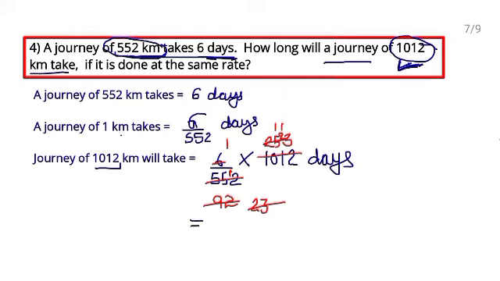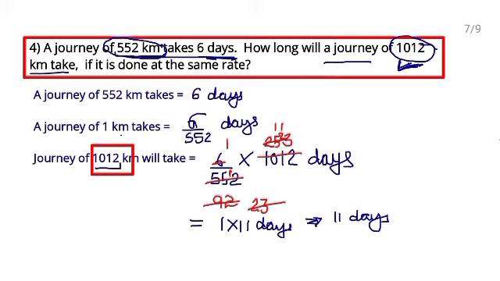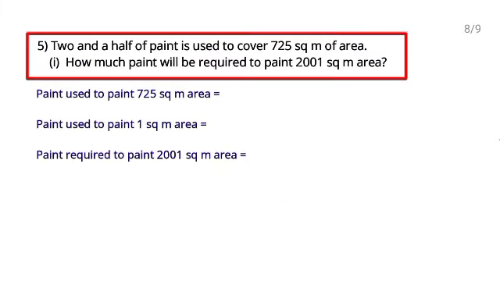So after calculating you are getting 1 multiply 11 days. It means 11 days. 11 ones are 11 days. So 1012 kilometer distance is covered in 11 days. This is your answer. Next question, question number 5.